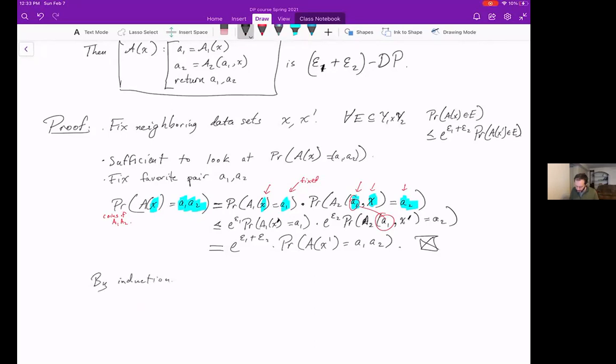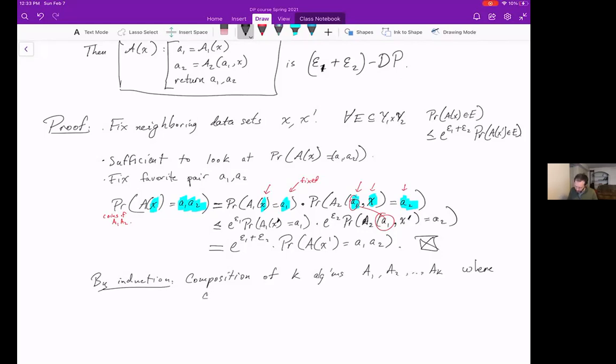we can get a similar statement for the composition, the adaptive composition of any set of K algorithms, A1, A2, up to AK.